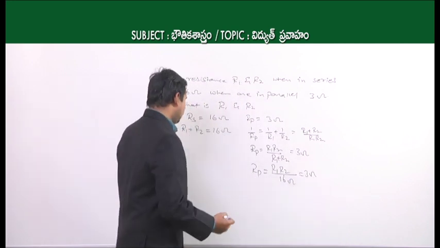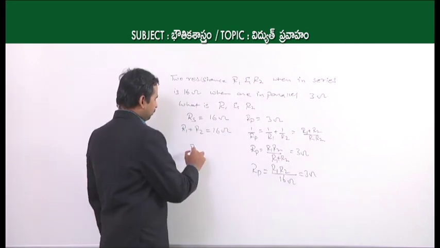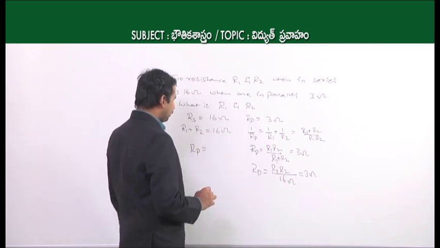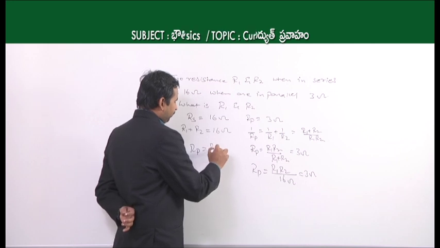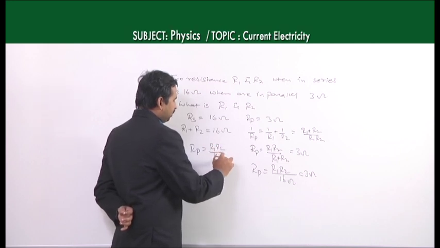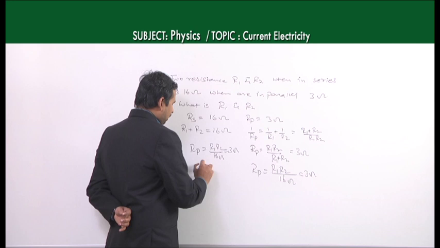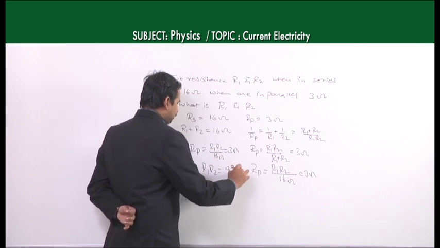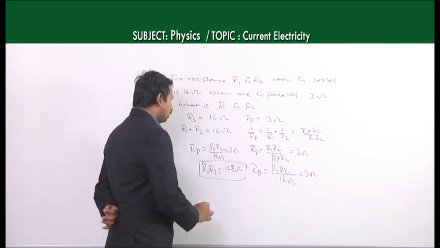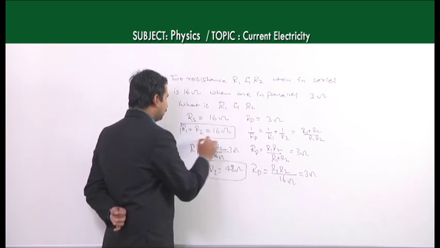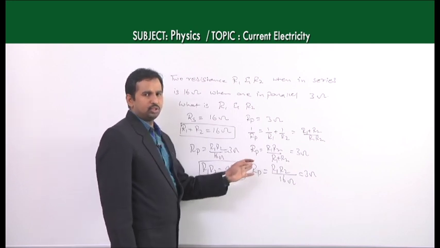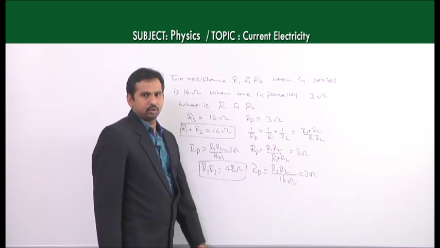Then R1 R2 by 16 is equal to 3, so R1 R2 is equal to 16 times 3, which is 48 ohms. So we finally got 2 values: R1 plus R2 which is 16 ohms, and R1 R2 which is equal to 48 ohms.